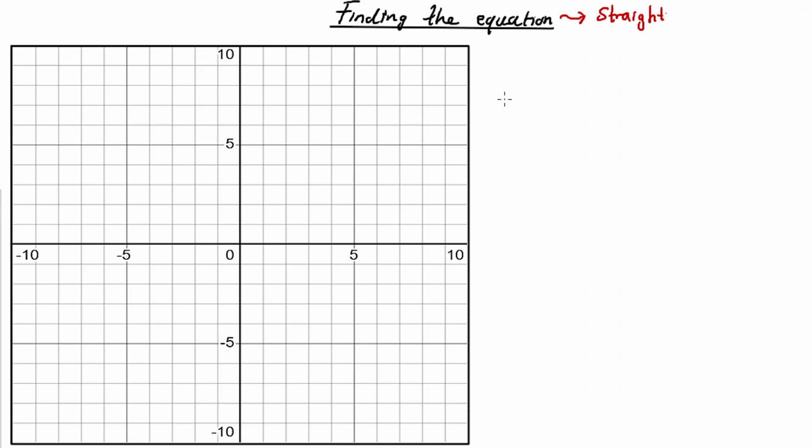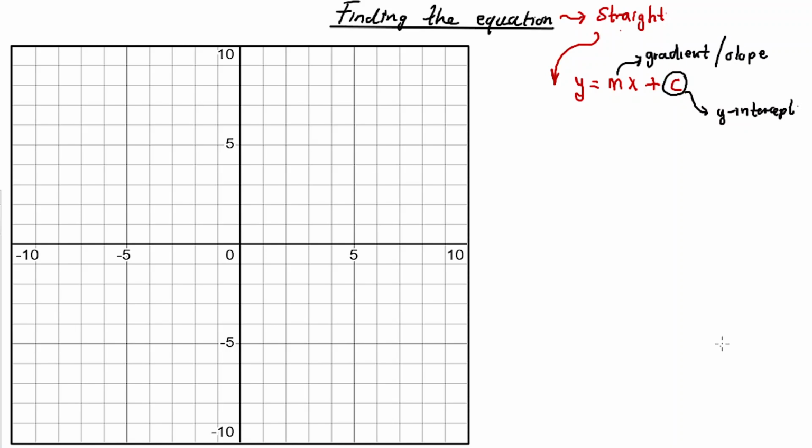So we know that a straight line has the following form of equation. It's of this form: y equal to mx plus c, where the m represents the gradient, or the slope, and the c represents the y-intercept.